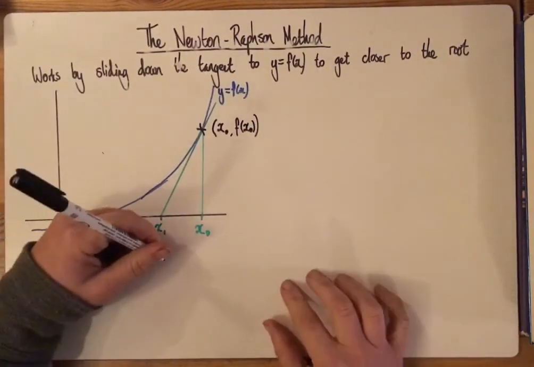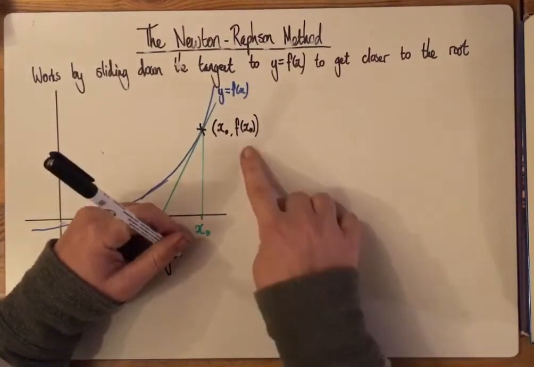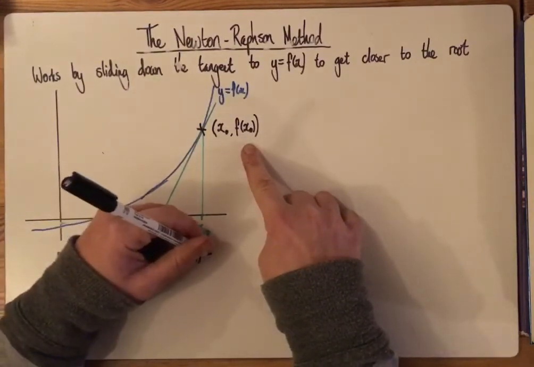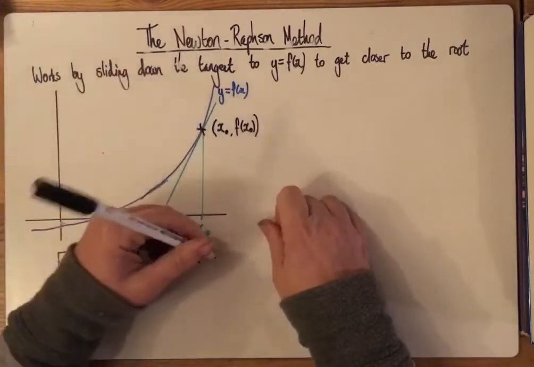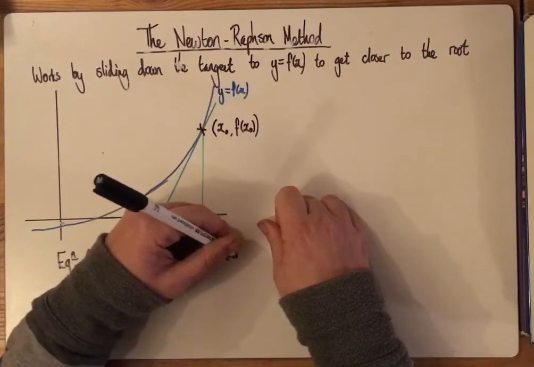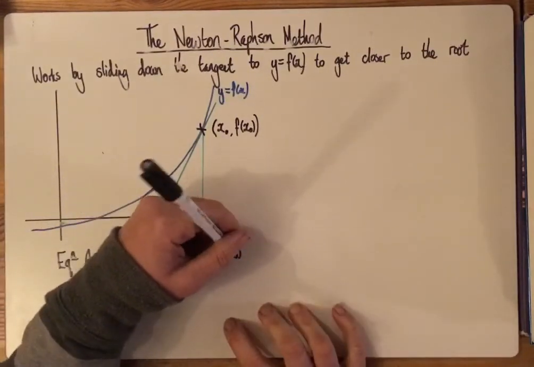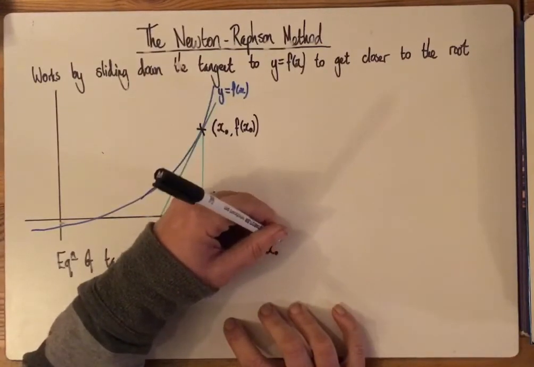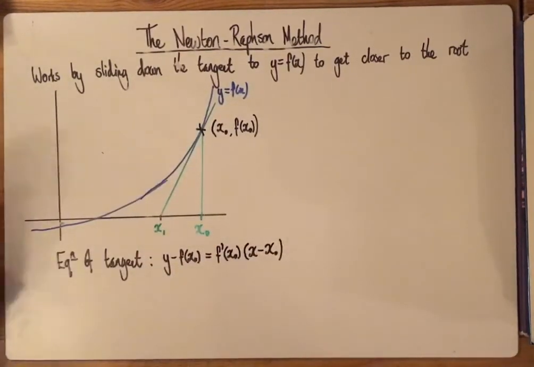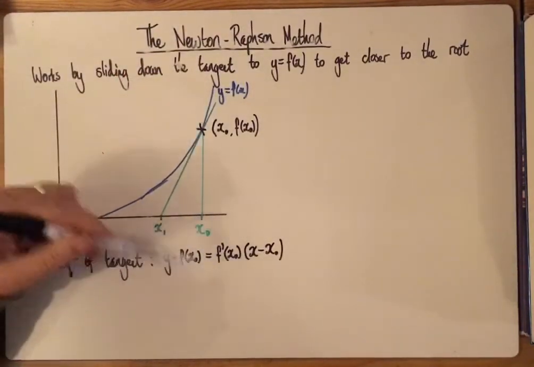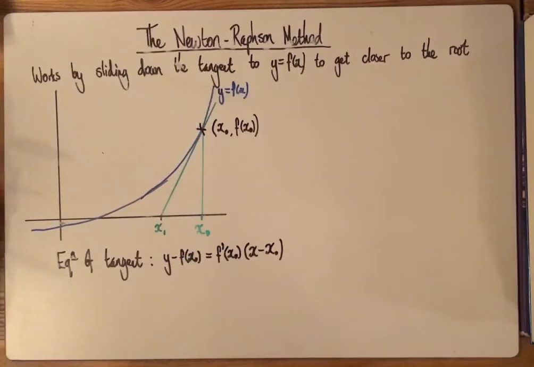So I'm going to do y minus y1, which is f of x0, equals the gradient of the tangent, which is the gradient of f of x at x0. So that's your m, x minus x1, in this case it's x0. So that's the equation of the tangent using that point and the fact that the gradient of the tangent will be the gradient of the curve at x0.